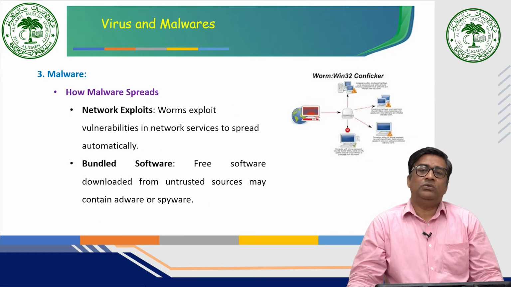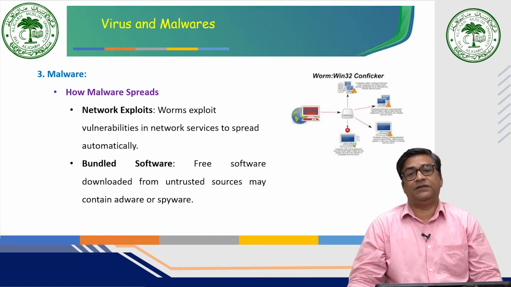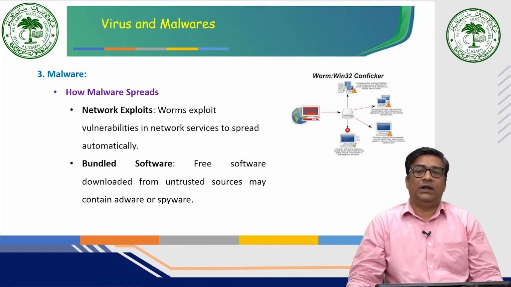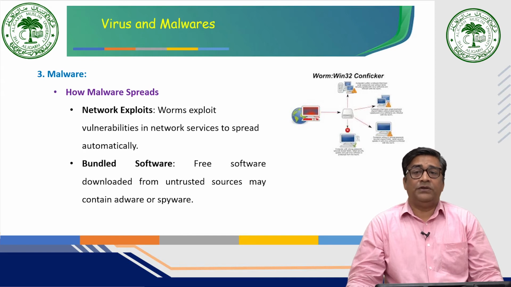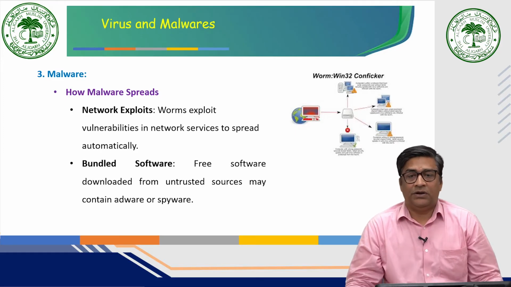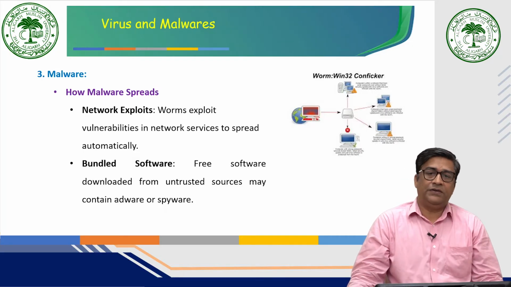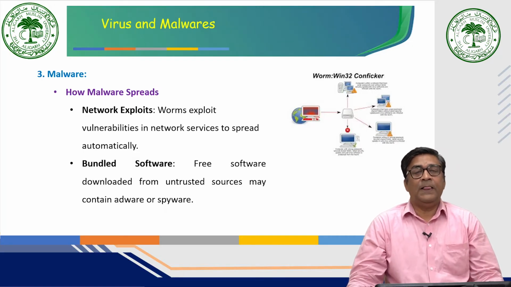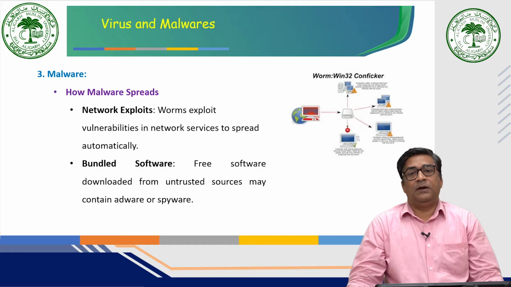In addition to the methods we have just discussed, like email attachments, malicious websites, and USB drives, there are some other methods through which malware spreads. Network exploits are another method.